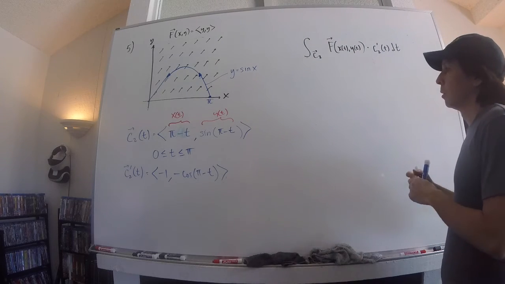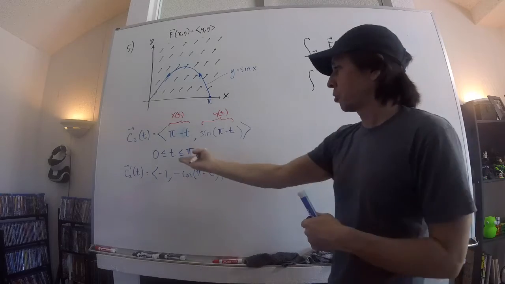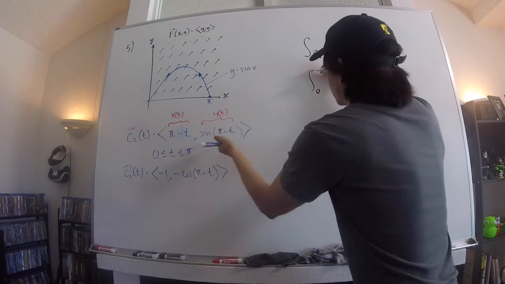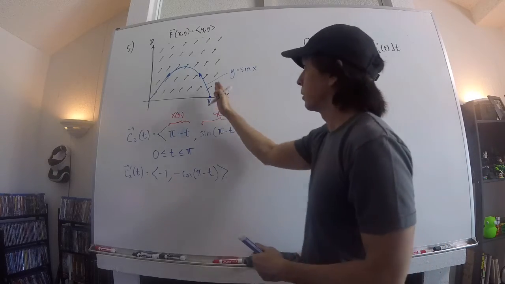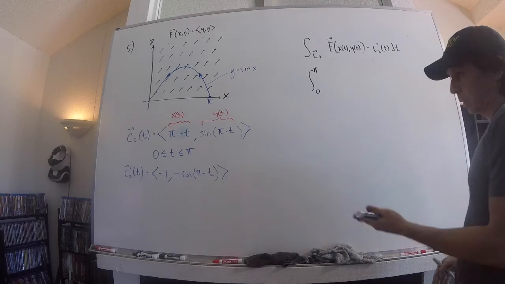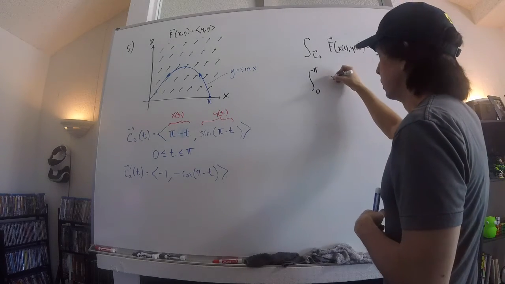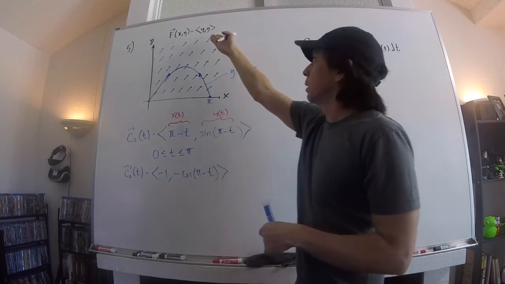Okay. Alright. So my parameterization still goes from 0 to pi. In the usual direction, I've tweaked my components to make sure it goes that direction on the graph. But I'm letting my parameter just range from 0 to pi in the usual direction. My function, it's y comma y.